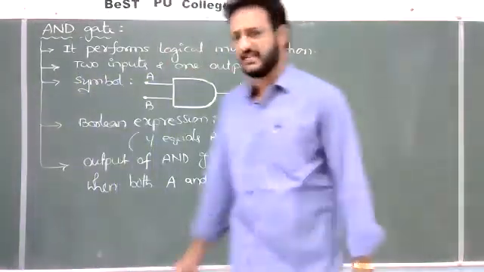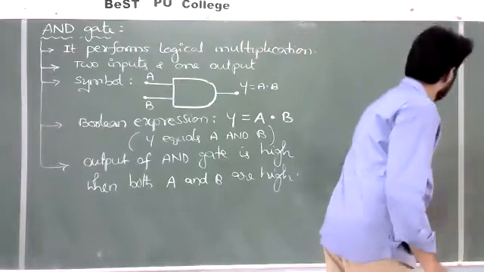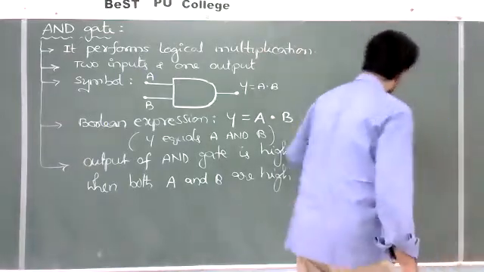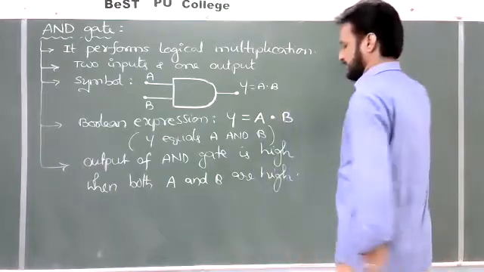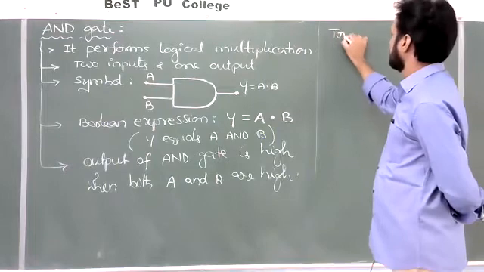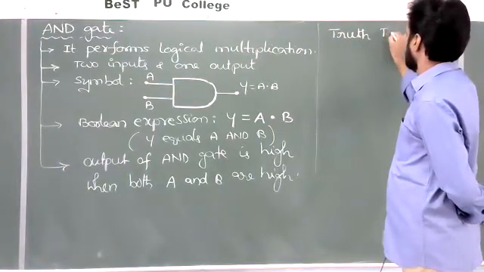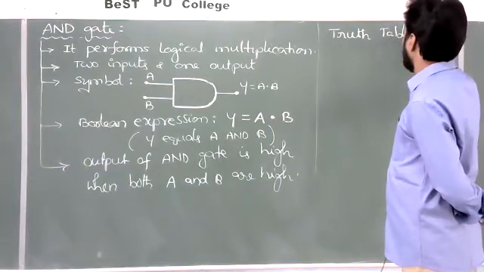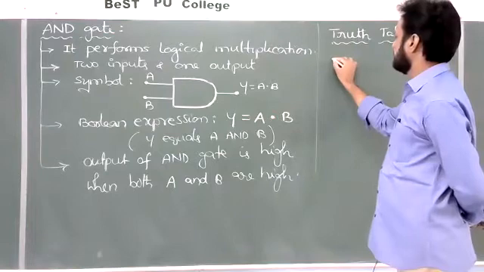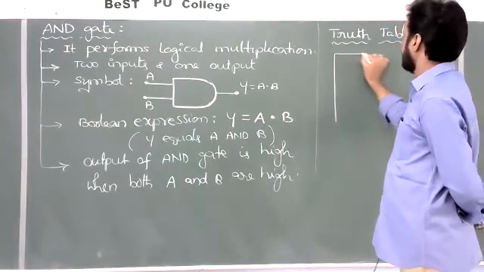Now how to write a truth table? I'll write the truth table of AND gate. You should draw a simple tabular column like this. You should take only 4 possible values.